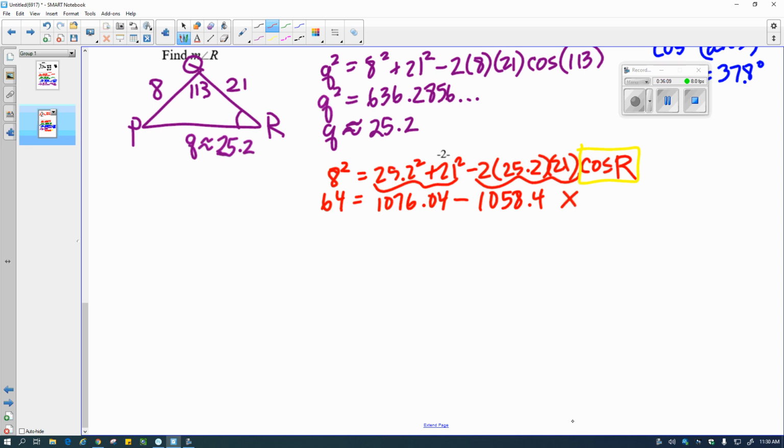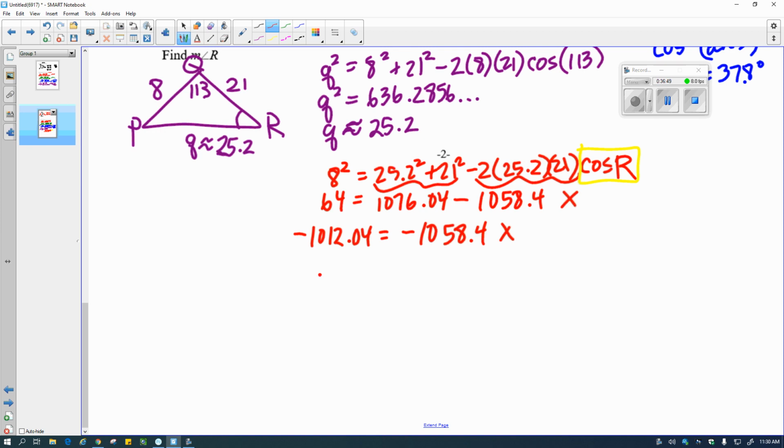So I'll do 64 minus the 1076.04 to get negative 1012.04 equals negative 1058.4x. So I just subtracted the 1076.04. Now I'll divide. So the negative 1012.04 divided by negative 1058.4. And I get an ugly decimal.